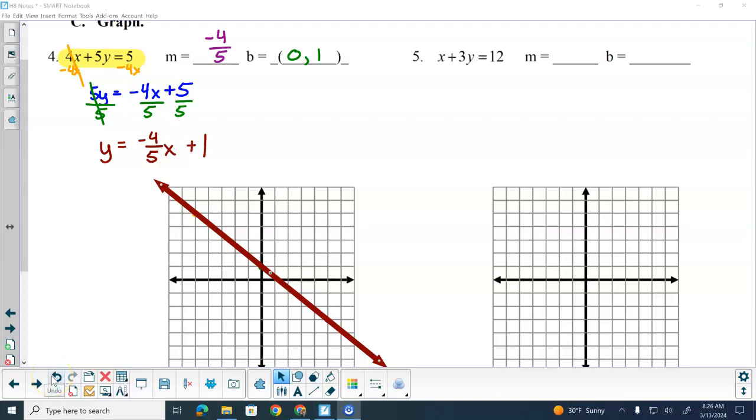Jaden, I think we're up to you. What's our first step in number 5? Subtract x from both sides. Yep, exactly. Next step. Divide everything by 3.